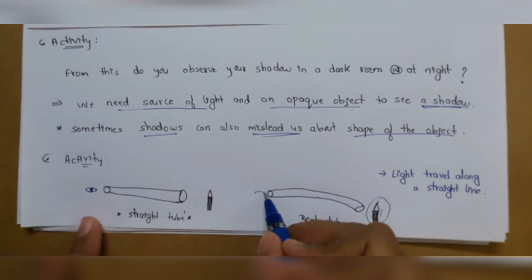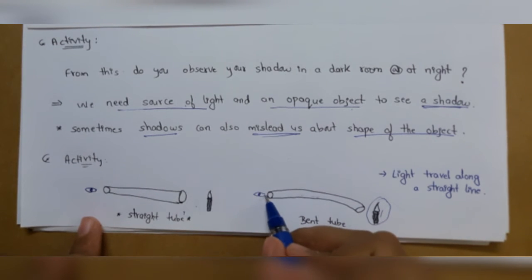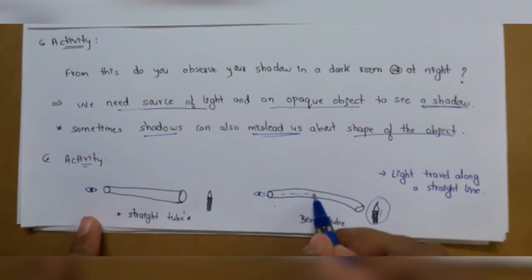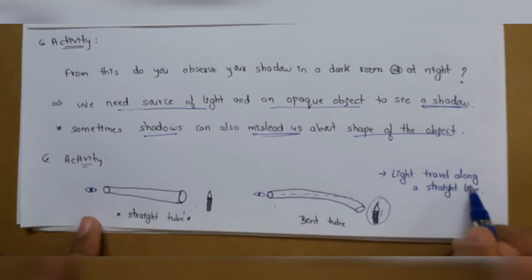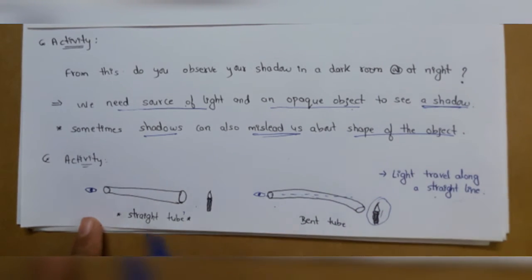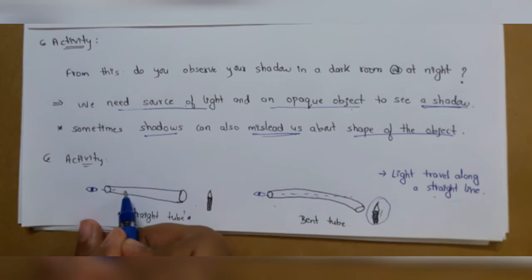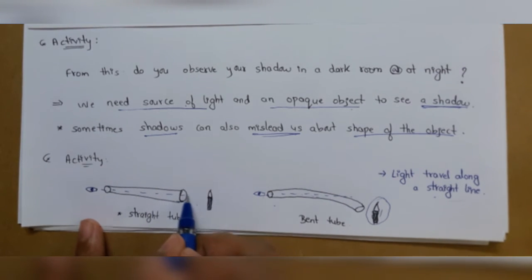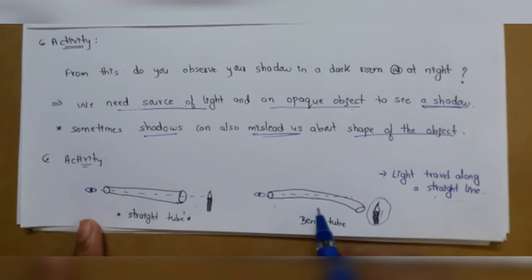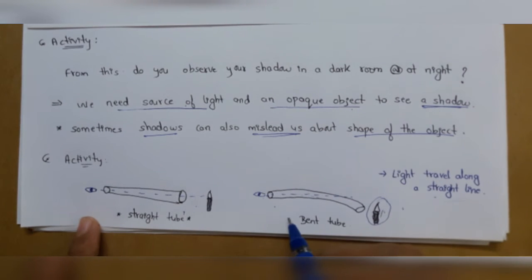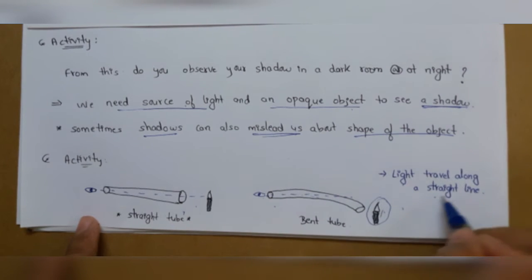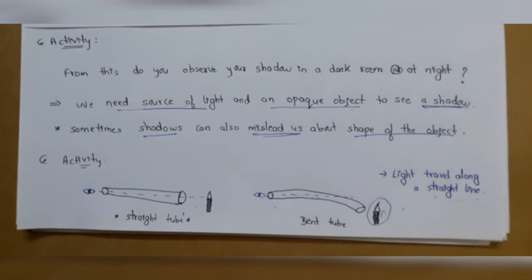When you look from here, as the tube is bent, you cannot see the candle because light travels along a straight line. As this was a straight tube, you can observe the candle very easily. As the tube is bent here, you cannot see the object placed at the other side of the tube. So this activity shows us that light travels along a straight line.